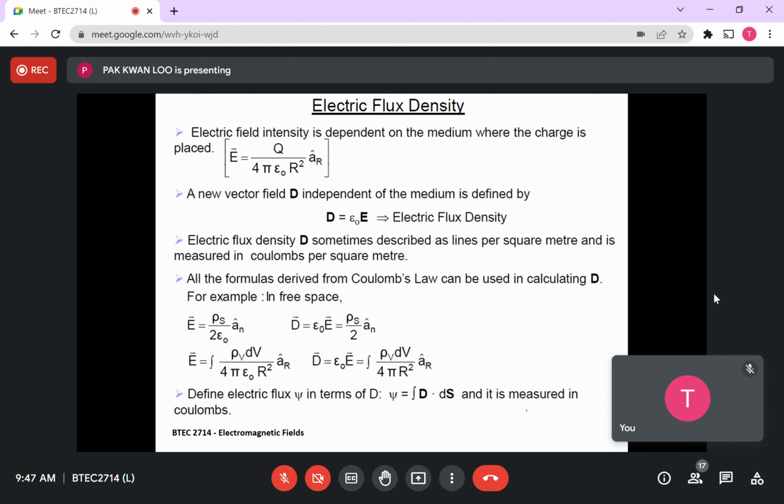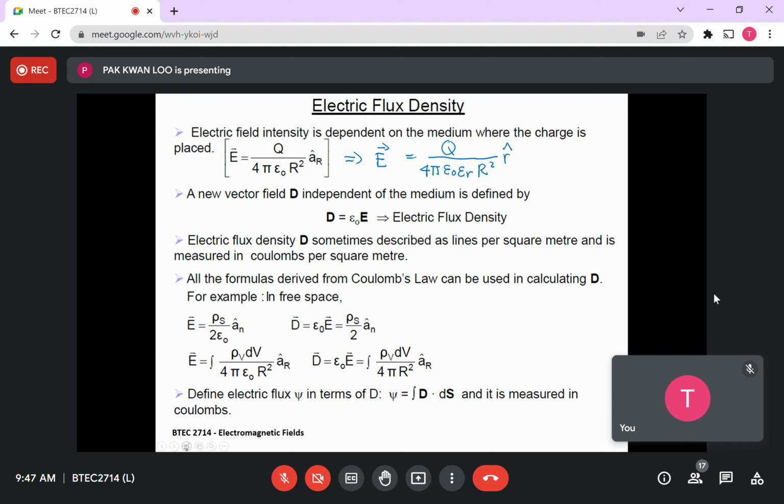So electric field intensity is dependent on the medium where the charge is placed. In fact, as I said, the electric field should be written in a more general way, where E is Q over 4 pi epsilon naught epsilon r, r squared, r cap, in the radial direction coming out from a point charge.